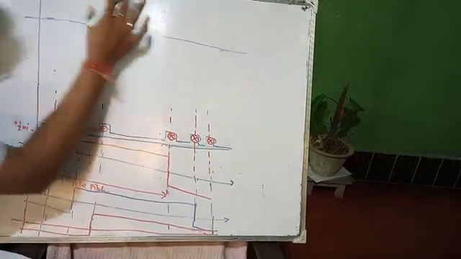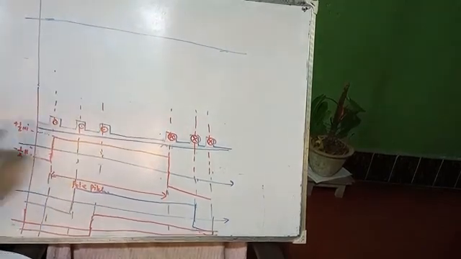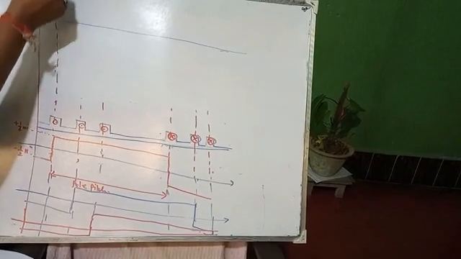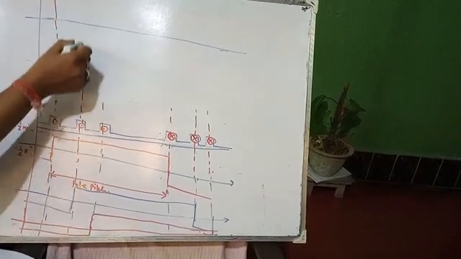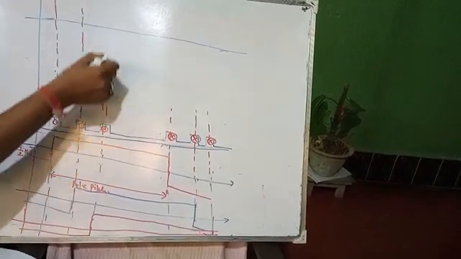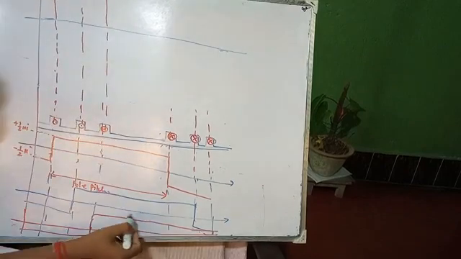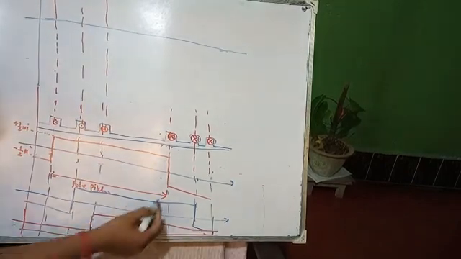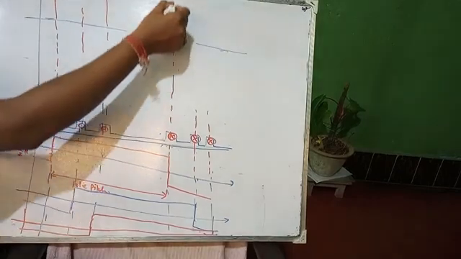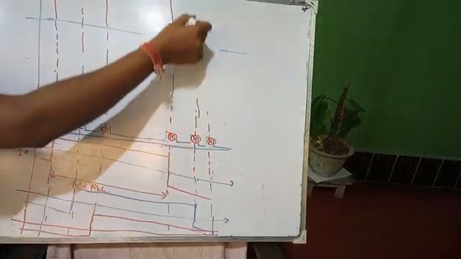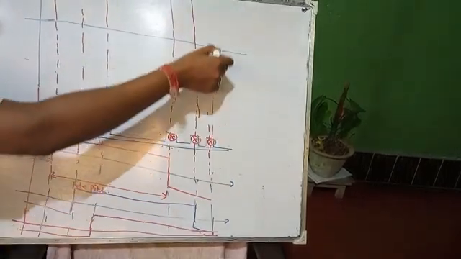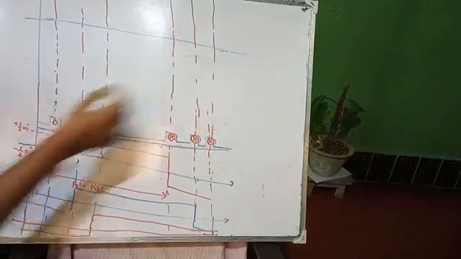We are drawing the result over here. Within this range how much, and the next range how much, and it will continue up to the next adjacent part.